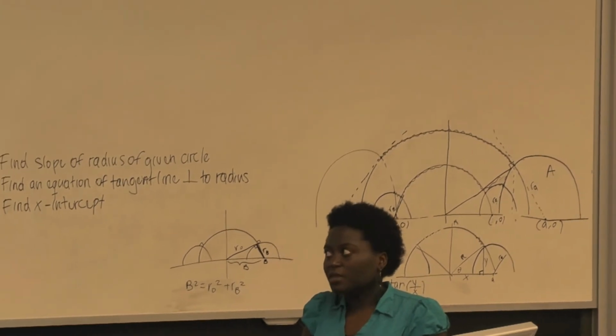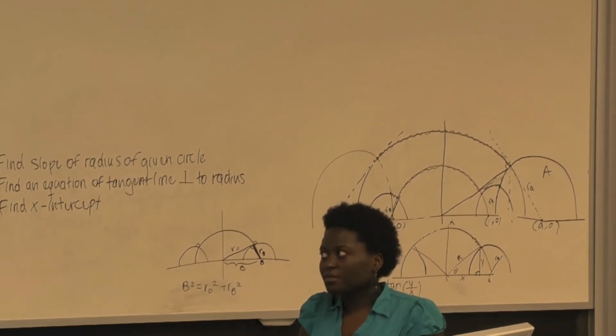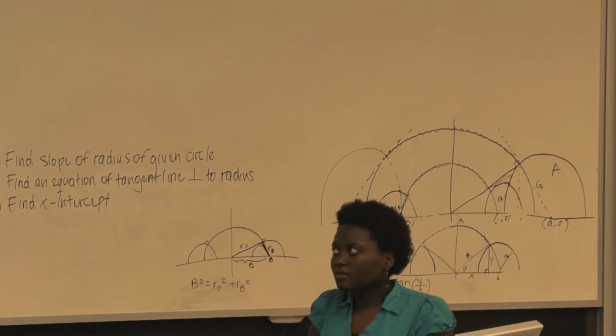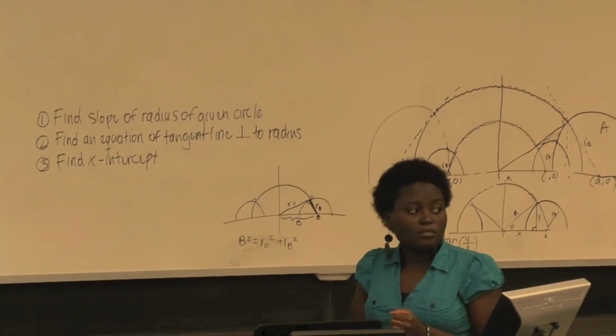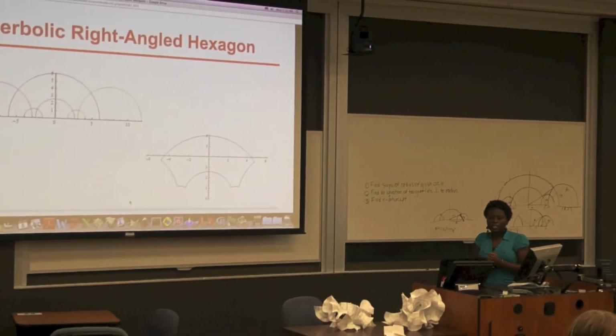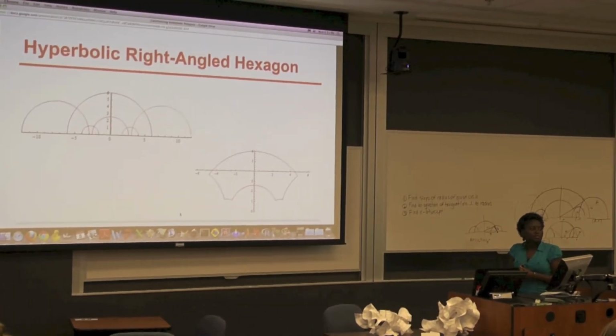So I guess that would work the same as in Euclidean geometry. So the shape with all right angles has to be a hexagon? No, we'll find out that you can actually get right angle pentagons as well.